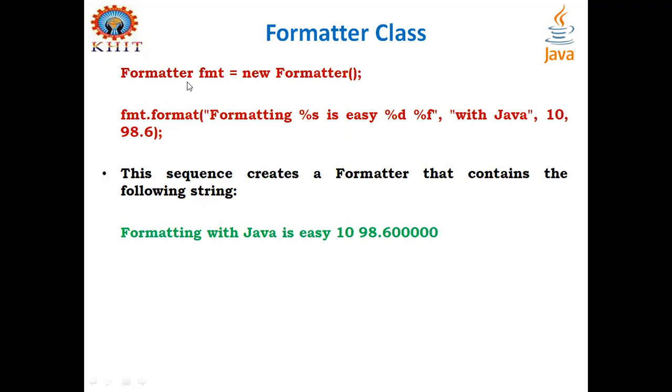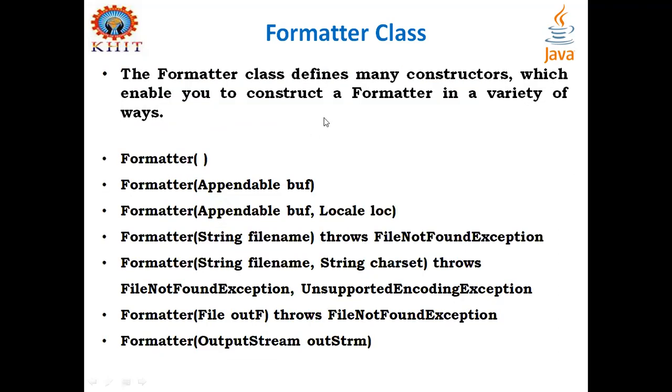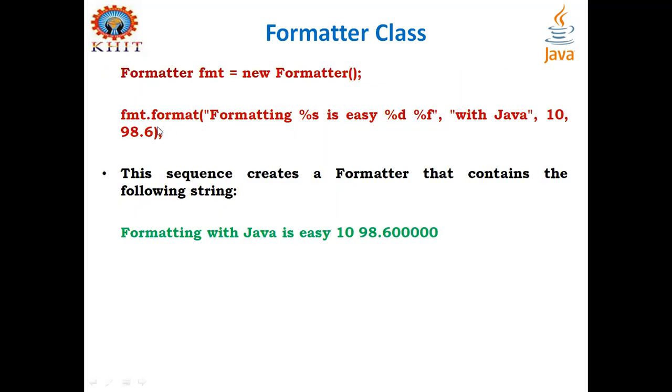Formatter is a class, followed by an object of this Formatter class, and I have used the default constructor for creating this one. And I'm using one of the format methods by using this object dot format method, and here I'm giving just one string value with some specifications: percent s, d, and f.